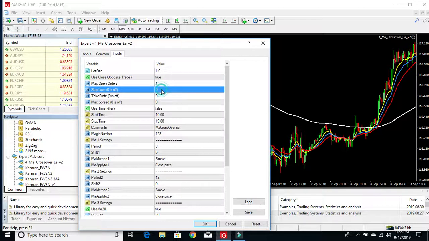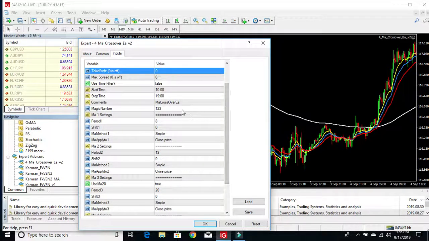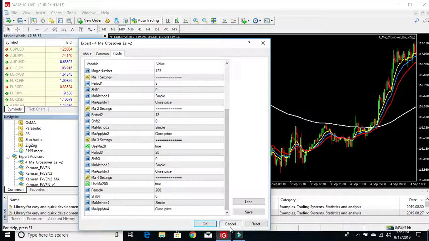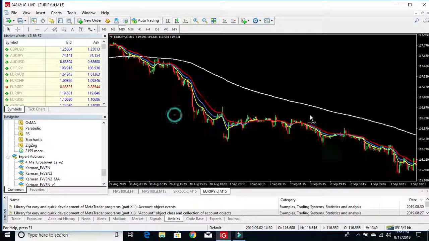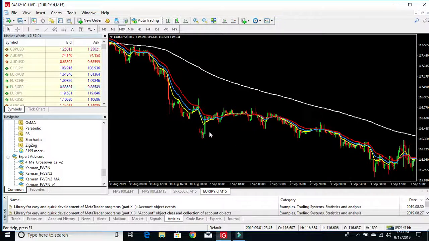If you want to set a stop loss, you can set stop loss and take profit, and then if you scroll down, it has a magic number, so that you can deploy this EA on different assets by entering any magic number. 1, 2, 3 is a generic magic number, then moving average 1, moving average 2, 3 and 4 and so on. So you can basically use this EA as a free robot for your trading style as I described.